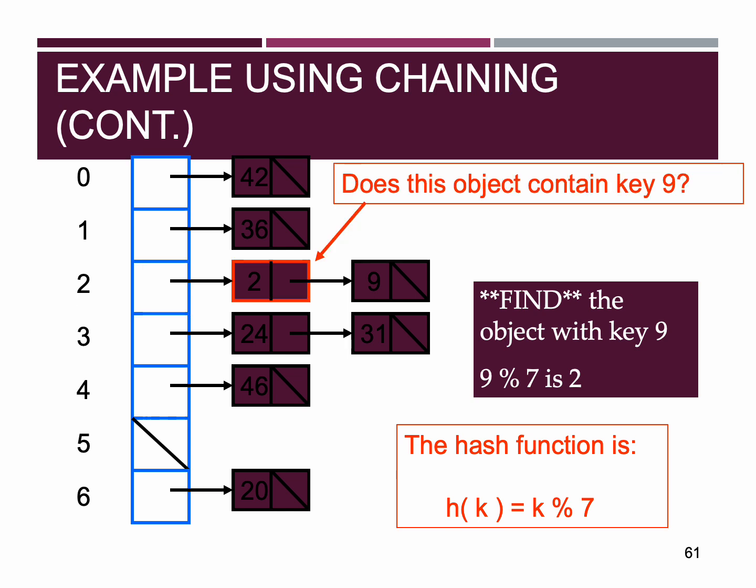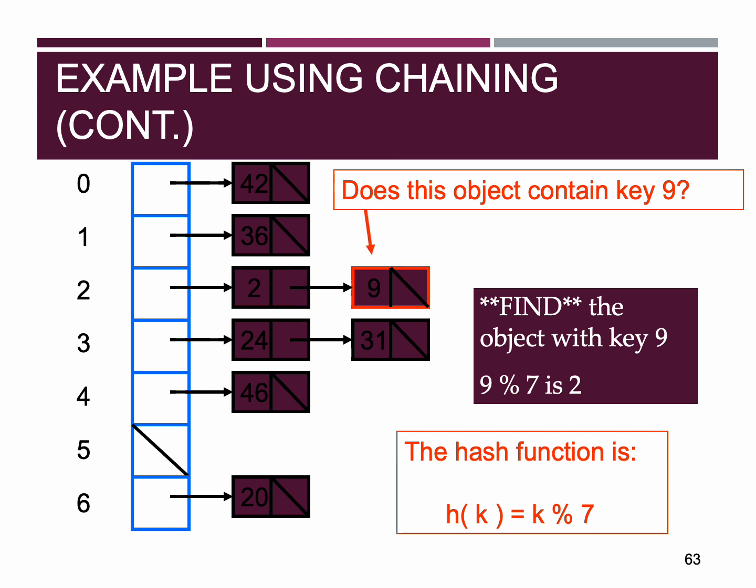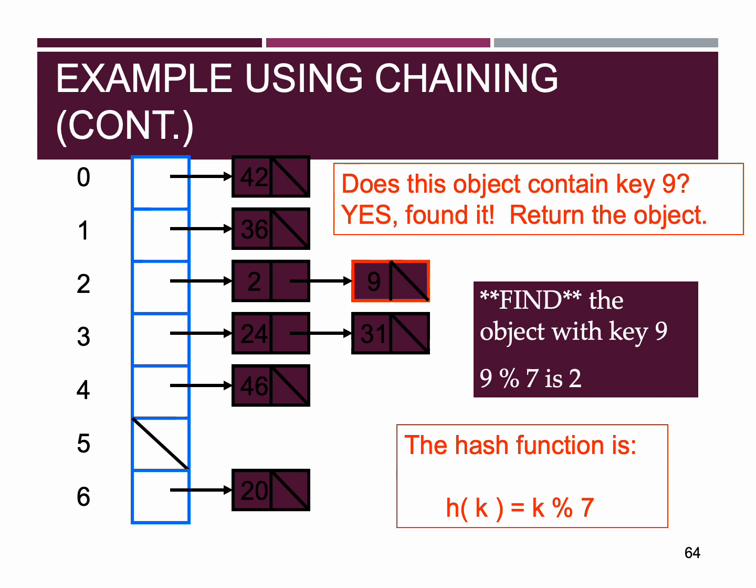So here we'll search, does this object contain key 9? We'll see if the first one, what is in the beginning of the linked list, contains the object key 9. No, this one is not 9. So we will then move to the next object, this one. So does this object contain key 9? Yes, we found it, and then it will return the object.